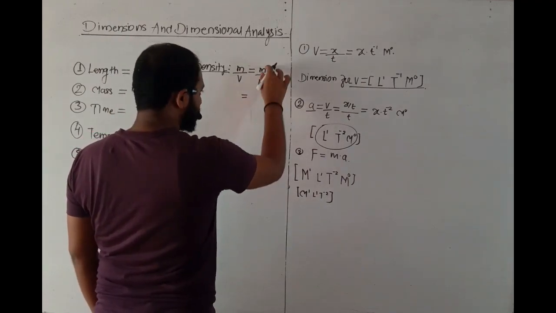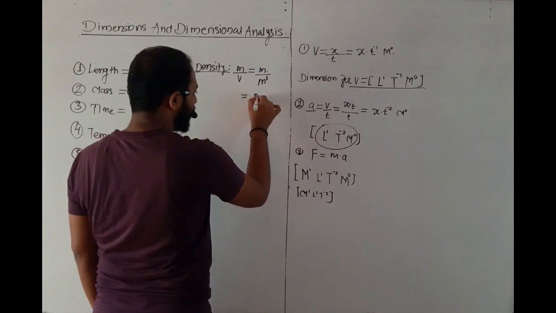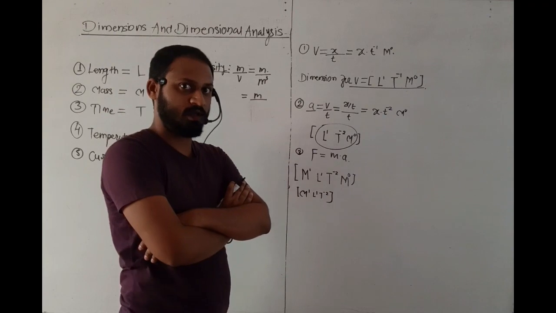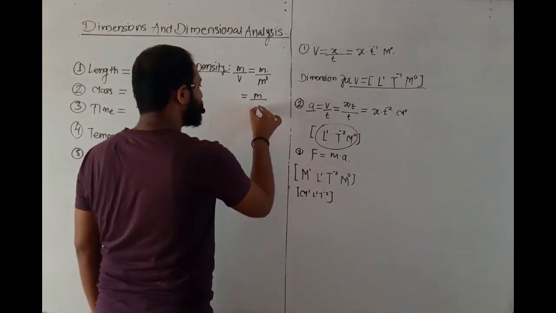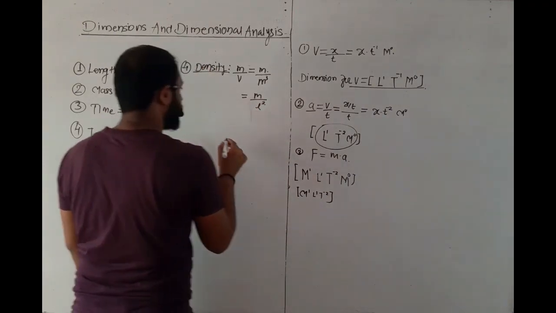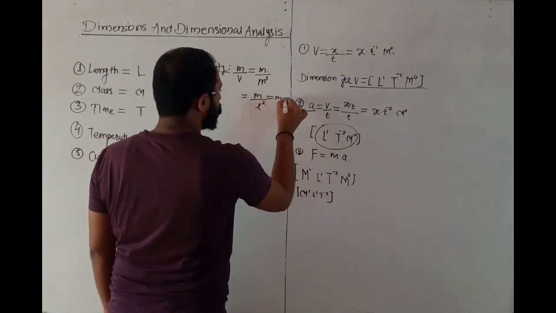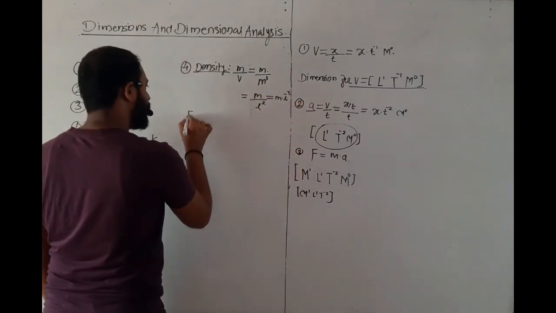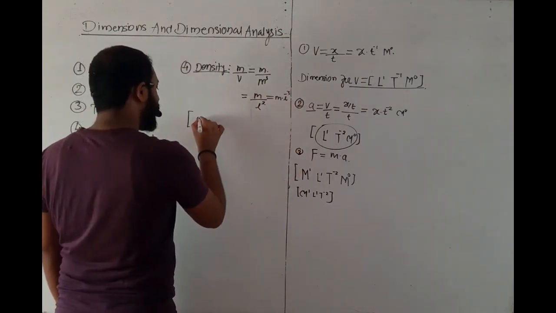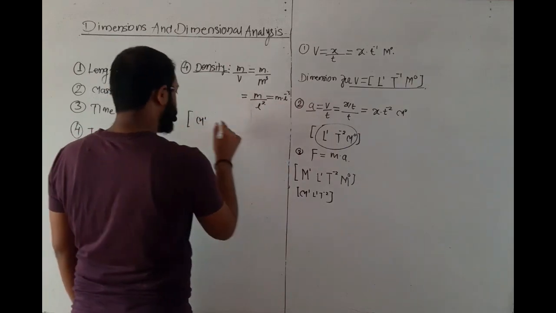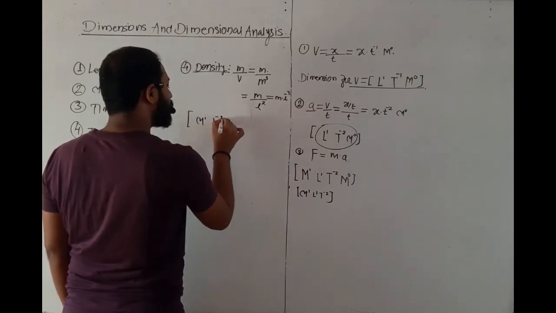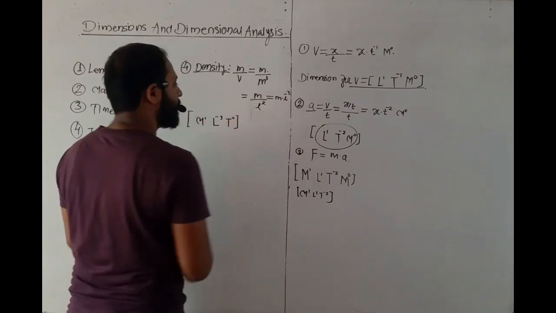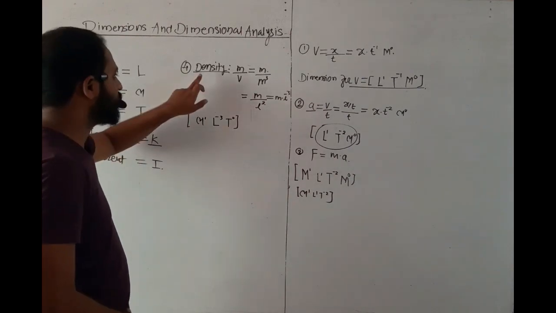Now see, this is mass, this will not get cancelled. Meter measures in what, sir? Your length. Very good. Then that means L cube I can write. Now see, M into L minus 3. Okay, density. M is replaced by M power 1. Small l is replaced by capital L minus 3. Here time is 0, therefore T power 0. This is the formula for what?